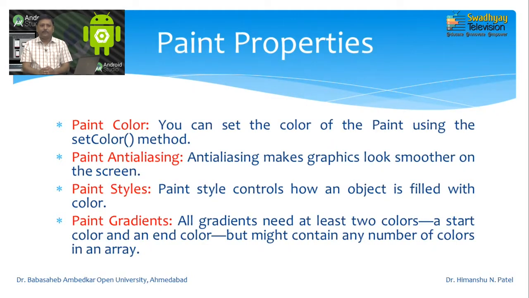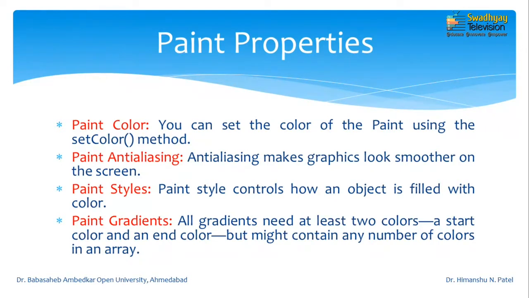Now, you can specify paint anti-aliasing. The anti-aliasing feature is used to make your graphics smoother on the screen. That means, whenever there is a sharp angle, you can use the anti-aliasing feature to smooth those areas. You can also specify paint style. Paint style controls how an object is filled with color. Fill color is specified by paint style and you can also use paint gradients.